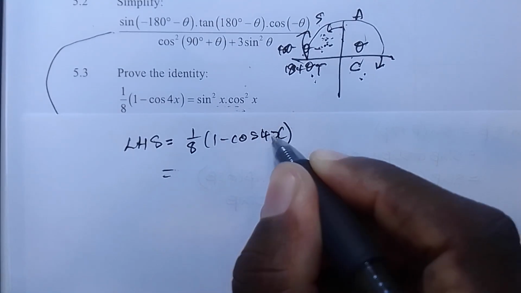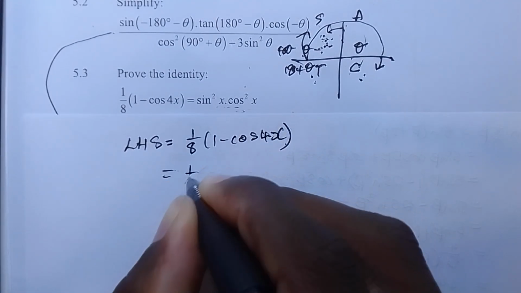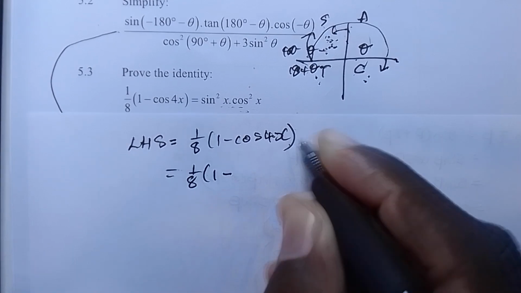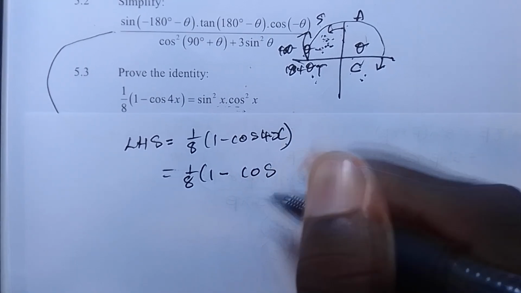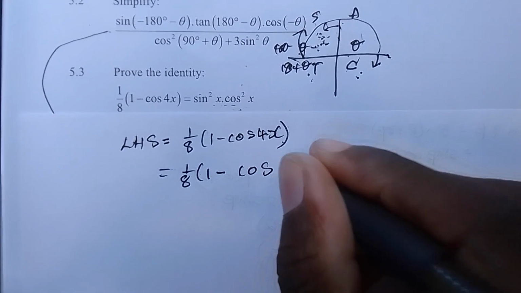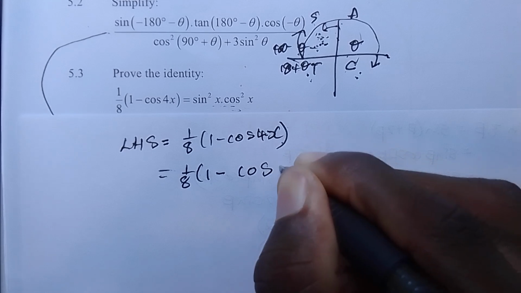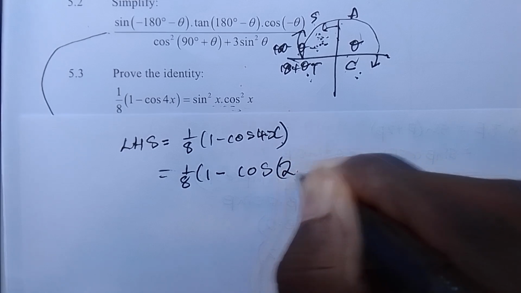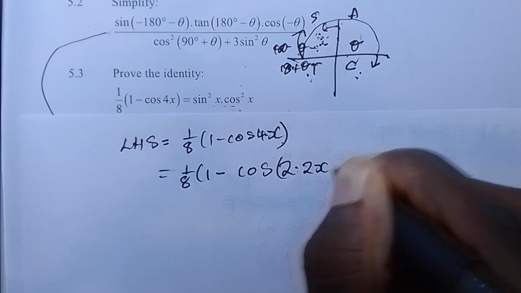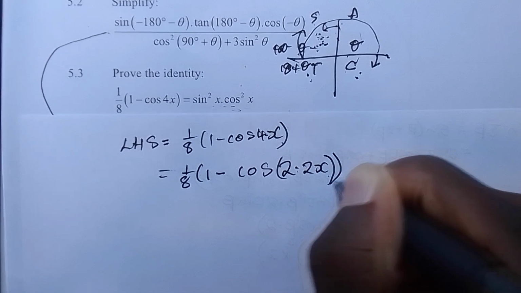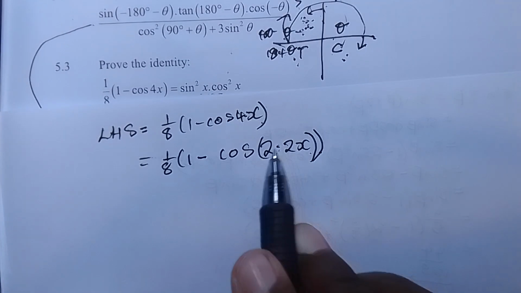When you try to simplify this, we're going to say 1 over 8 into 1 minus cos. What I'm going to do here is I'm going to say 2 times 2x. Right, 2 times 2 still gives us 4.